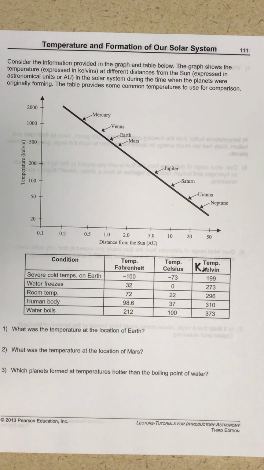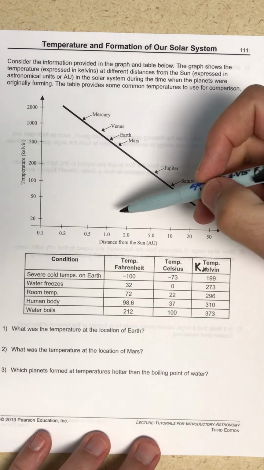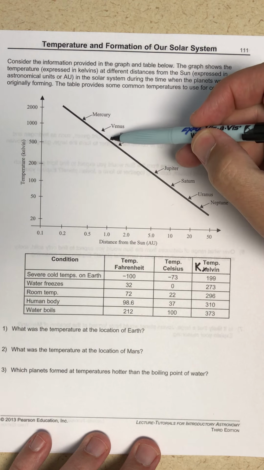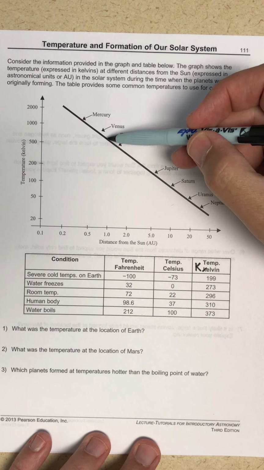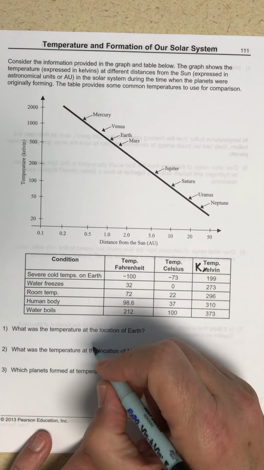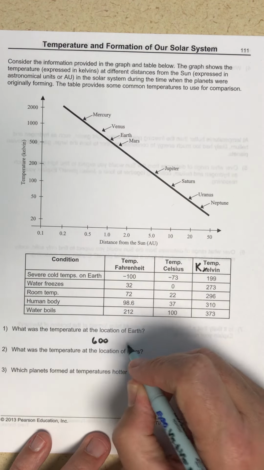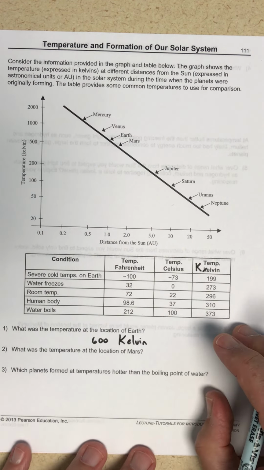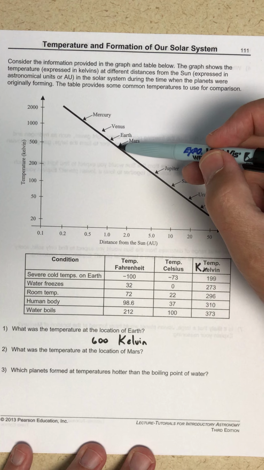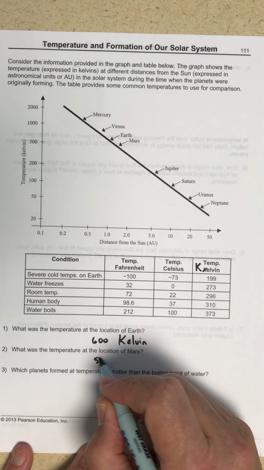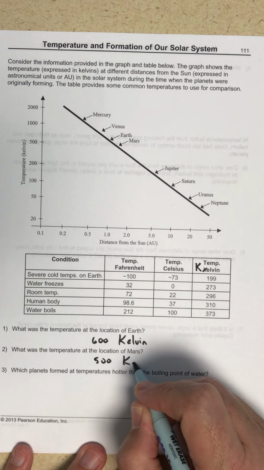So what is the temperature at the location of Earth? So 1 astronomical unit, about what does that correspond to on my y-axis? Just speaking roughly, it's about 600 Kelvin reading off from the graph. Mars's distance is right about 500 Kelvin.